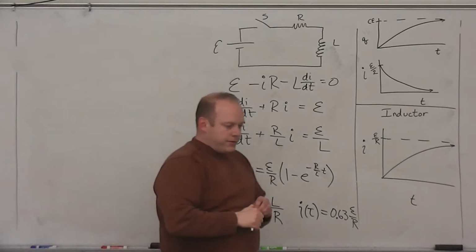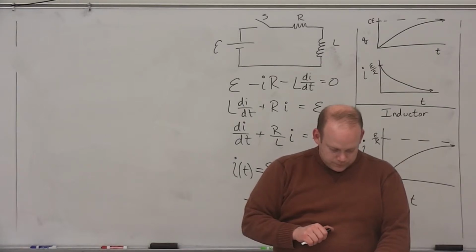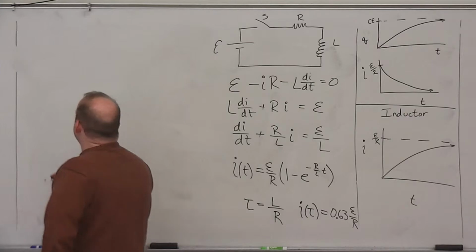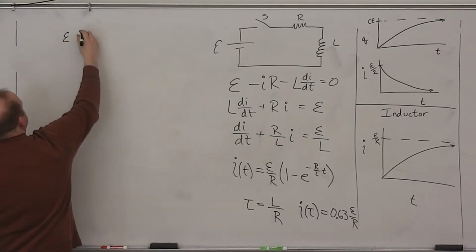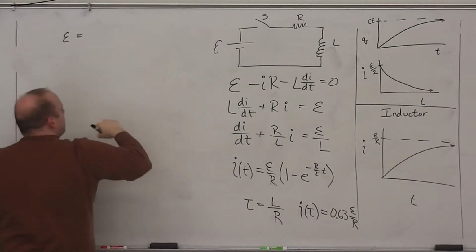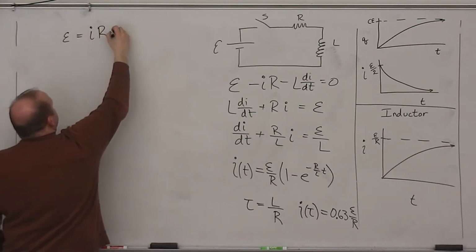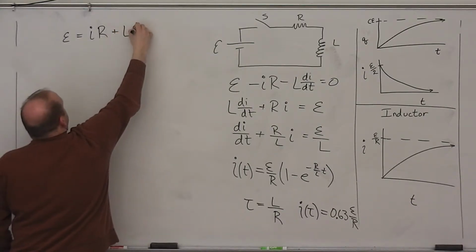We talked about with capacitors previously. So now, if you look at that, we had E is equal to IR plus L di dt.